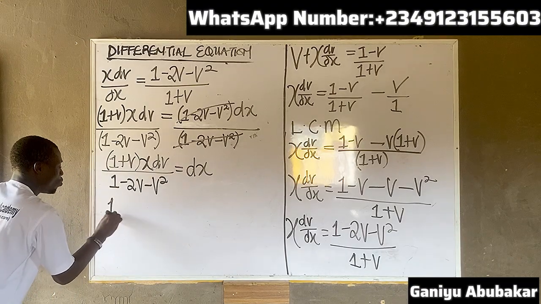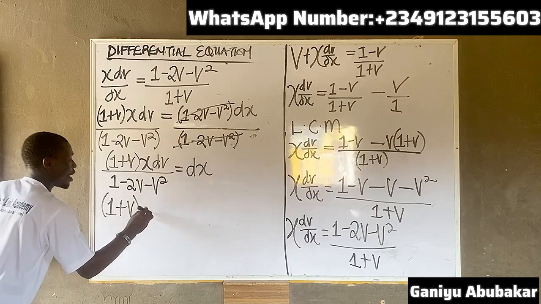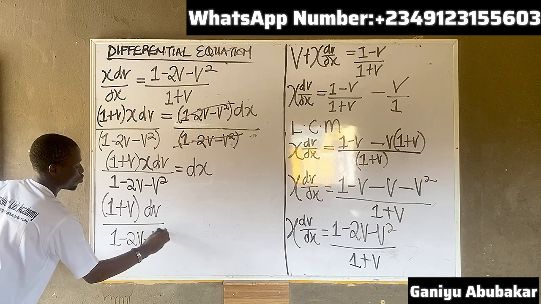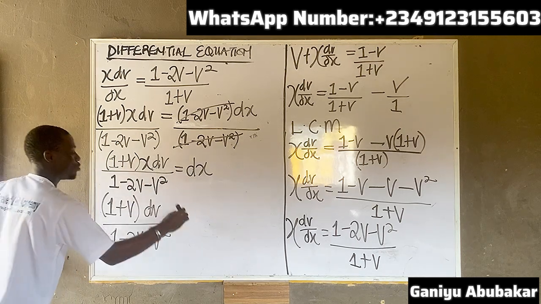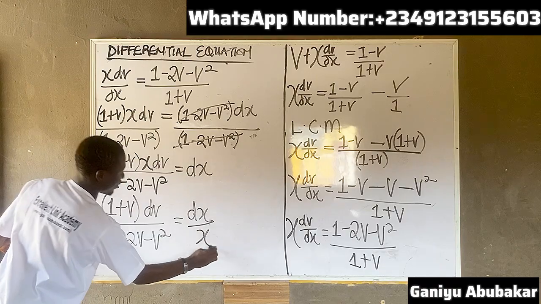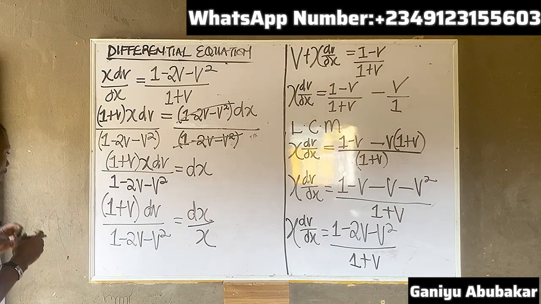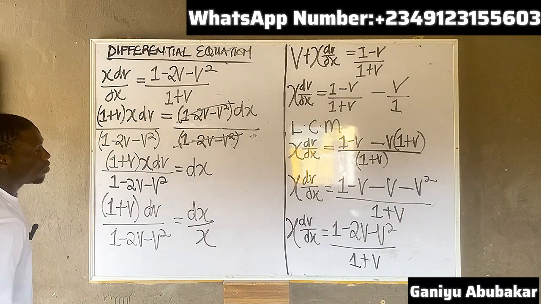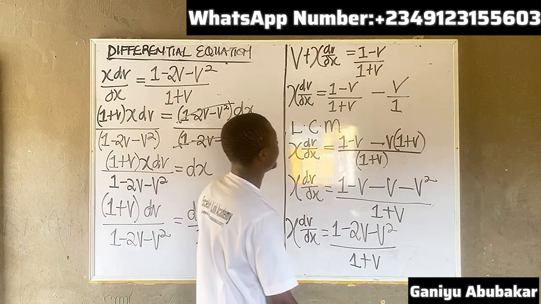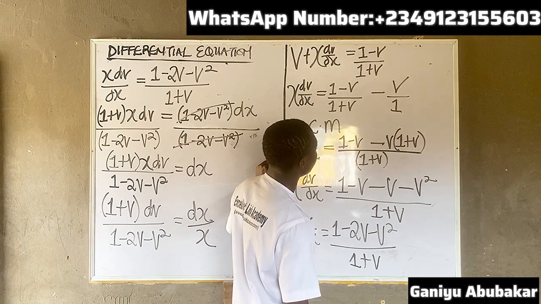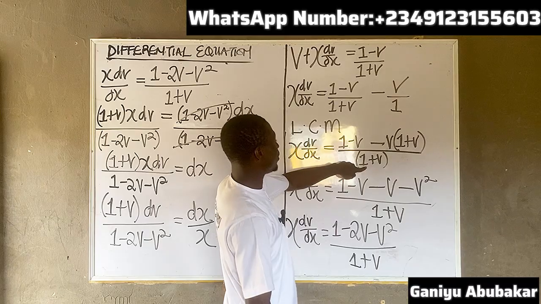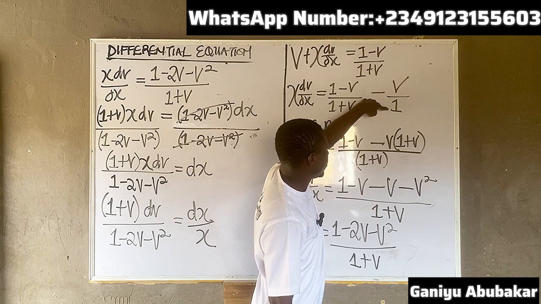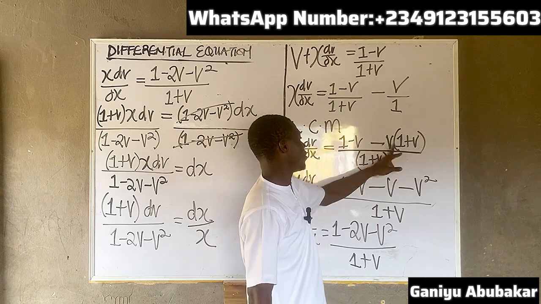That gives you 1 plus v dv all over 1 minus 2v minus v squared equals, bring this x here, that gives you dx over x. This over x, dx over x.